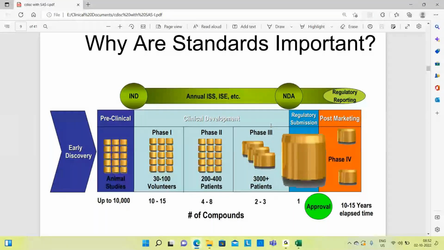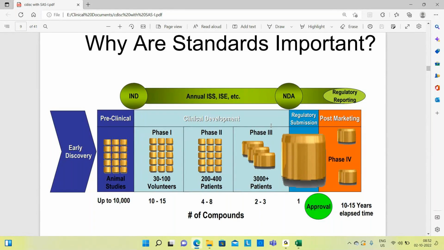Investigational New Drug Application. NDA stands for New Drug Application. IND is Investigational New Drug Application. NDA is New Drug Application.